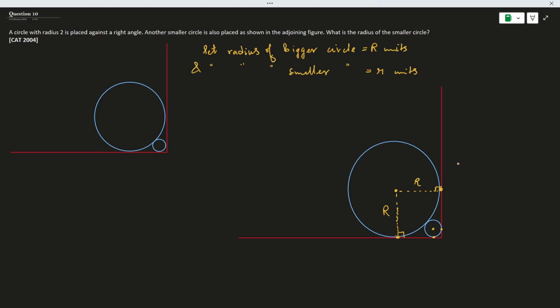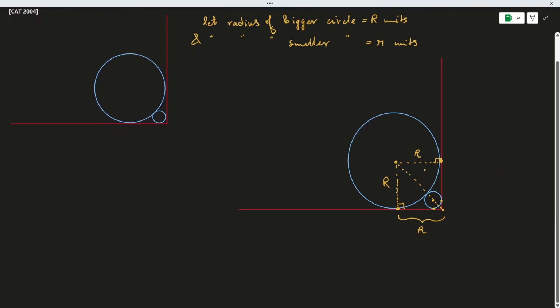What can I do? If I join the centers, this length will be capital R. Why? See, this angle is already 90 degree. Just focus on the two red lines. They are forming a right angle, and this angle is a right angle because the radius is perpendicular to the tangent at the point of contact.